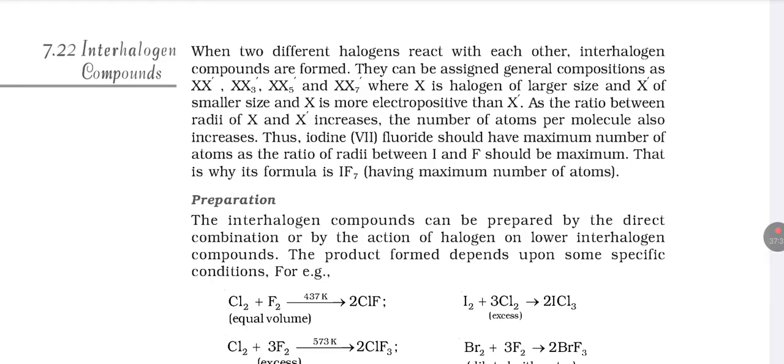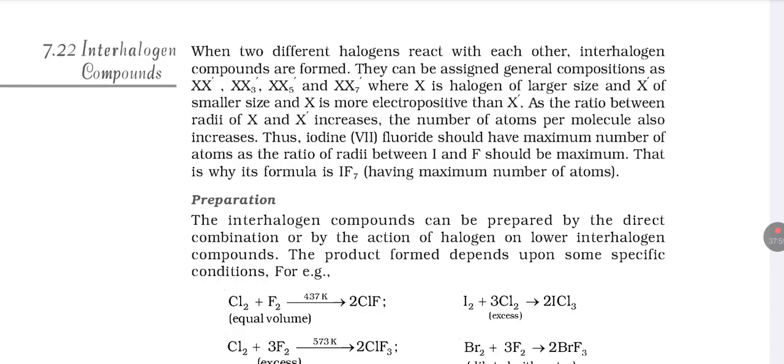Interhalogen compounds. When two different halogens react with each other, interhalogen compounds are formed. They can be assigned a general composition as XX', XX'3, XX'5, XX'7, where X is the halogen of larger size and X' of smaller size, and X is more electropositive than X'.